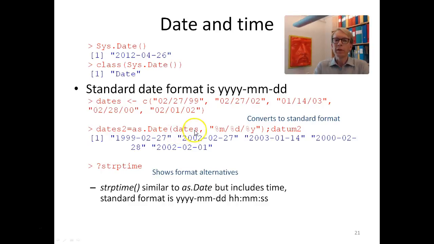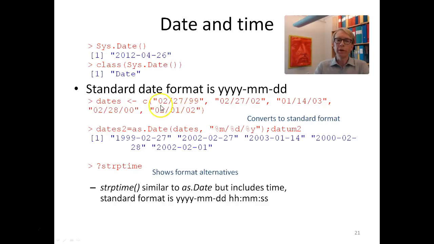The first argument here is the object containing the dates, in this case the object dates, which we define here, followed by a definition of the format for these dates. In this case it's written like this, and if we look at the result, we get a vector containing dates in R's native format.